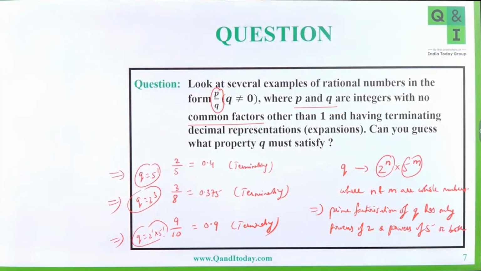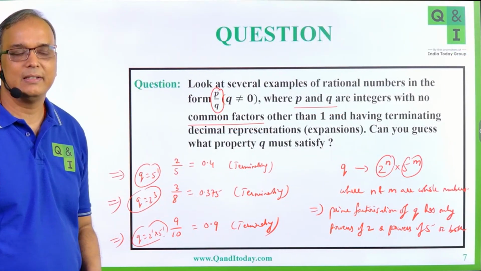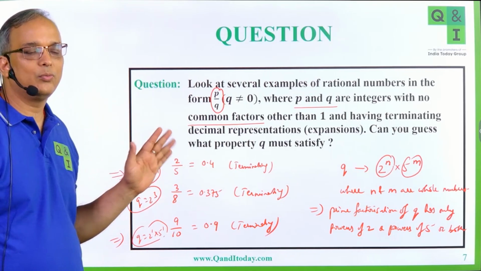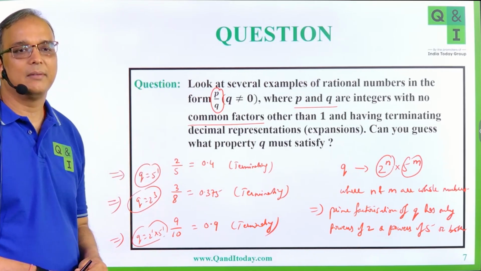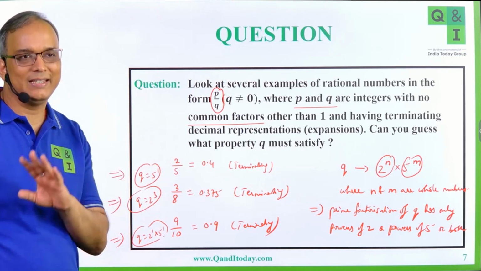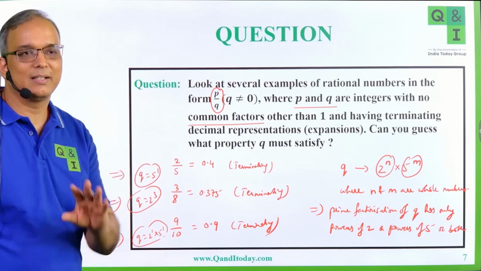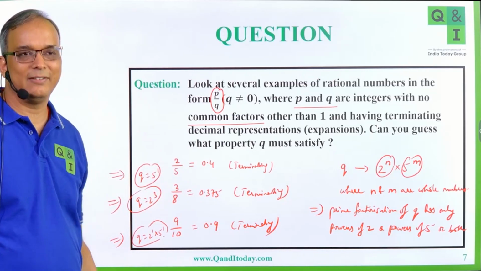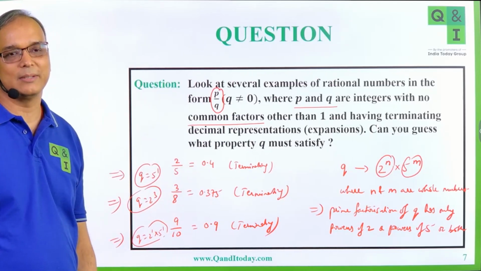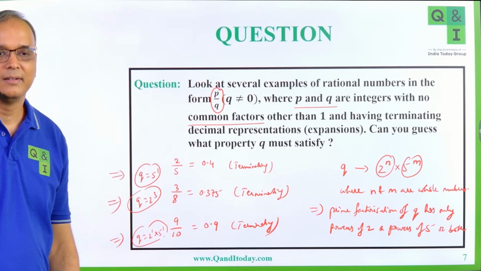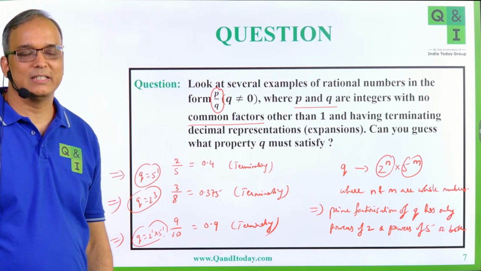Have you understood the concept, everyone? Quickly note this down. Why? Because this is the basis of the last exercise of your class 10th syllabus, not in 9th, but class 10th. But there is one question in NCERT which focuses on this concept. Please note this down.